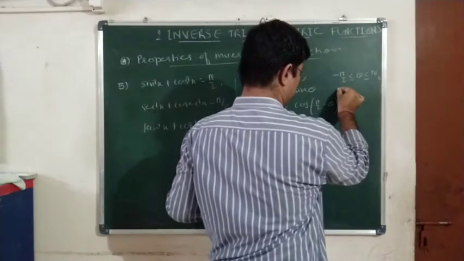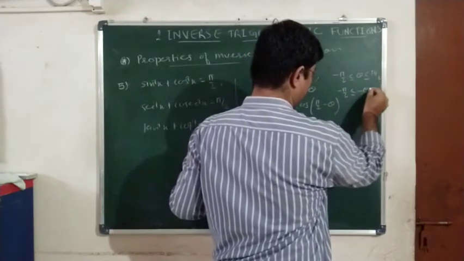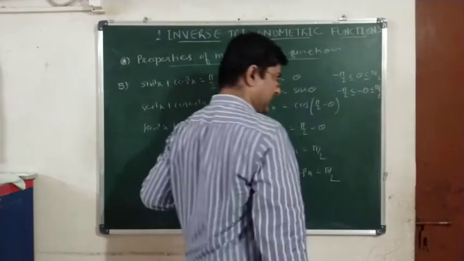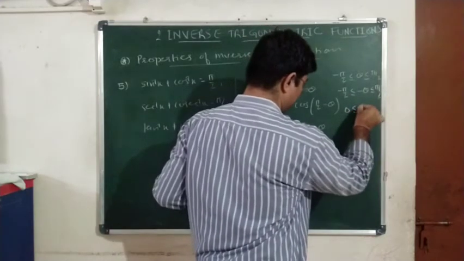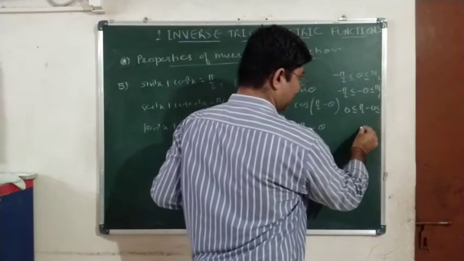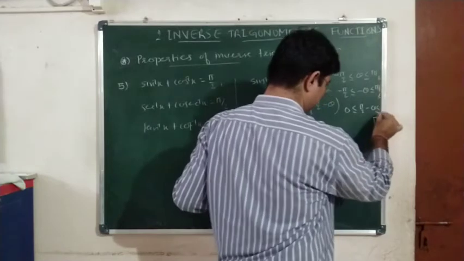So minus pi by 2 is less than or equal to minus theta is less than or equal to pi by 2, and adding pi by 2 you will get 0 less than or equal to pi by 2 minus theta less than or equal to pi by 2 plus pi by 2, that is pi.